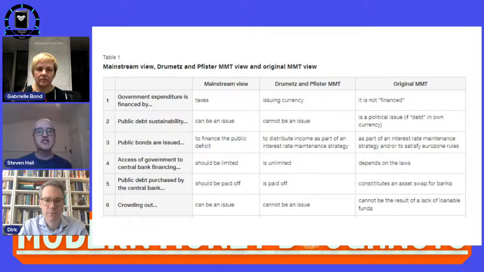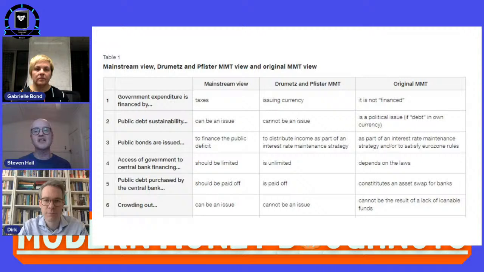But I just wanted to take a look at this table, because in this table you've listed a variety of issues in macroeconomics with the mainstream or neoclassical view, and Dirk and Pfister's interpretation of what they think modern monetary theory has to say about these issues.